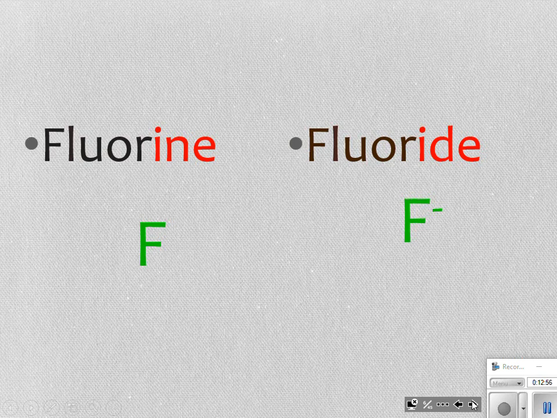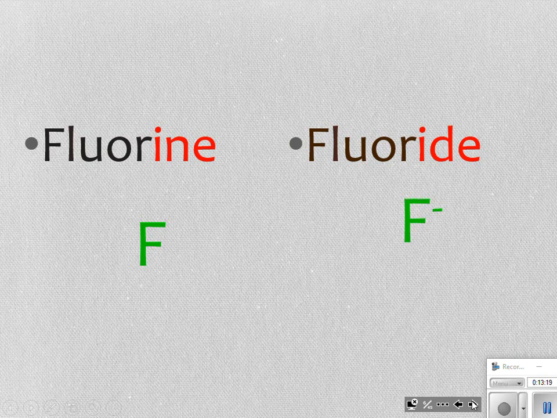Now, let's think about another one. Let's talk about oxygen, because you've heard of this guy before. Oxygen. What are you going to call the oxygen anion? Oxide. Okay? Oxide. And the oxide anion would have a 2 minus charge.